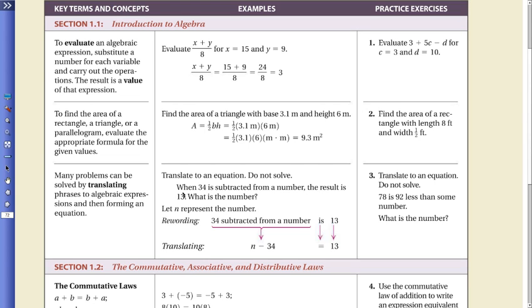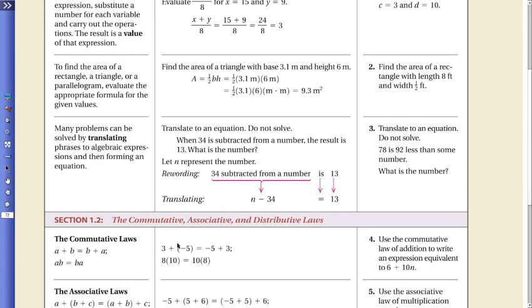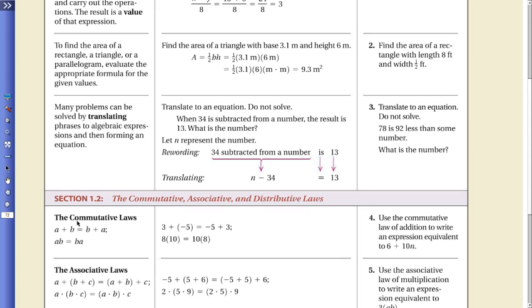When I'm translating something, especially with subtraction, order matters. We're going to talk about the commutative law. You can kind of see that here. If I jump down here a little bit, the commutative law means I can change order and get the same result, but it only works on addition and multiplication. It does not work on subtraction.